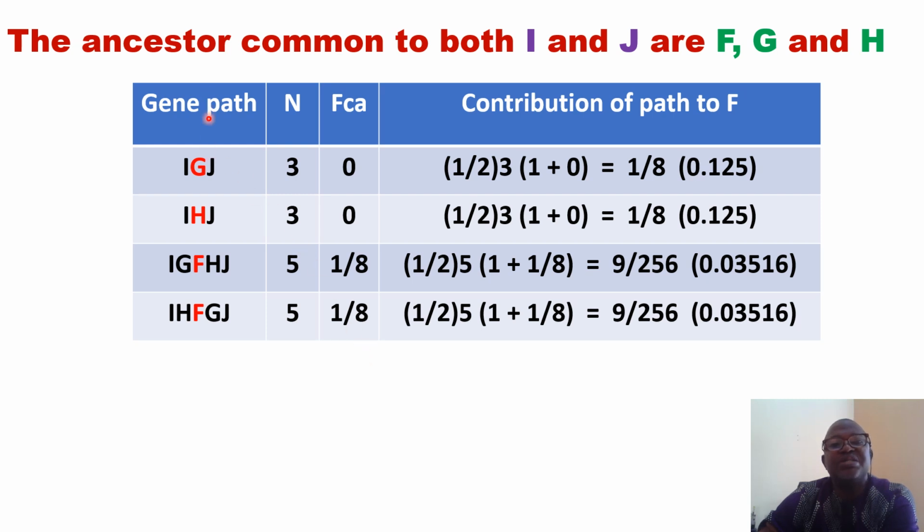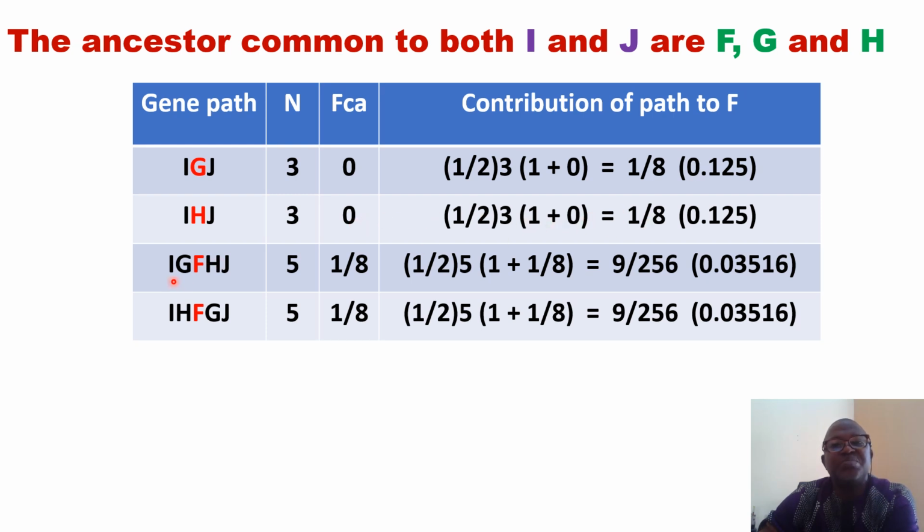So the gene paths that are available from that chart are I, G, and J, and there are 3 individuals: 1, 2, 3. These gene paths do not have any inbred individuals, so the inbreeding coefficient is 0. And if you put it into the formula, half raised to power 3, bracket 1 plus 0, will give you 1 over 8. IHJ is also 3 individuals, no inbred individual there. It will give you 1 over 8.